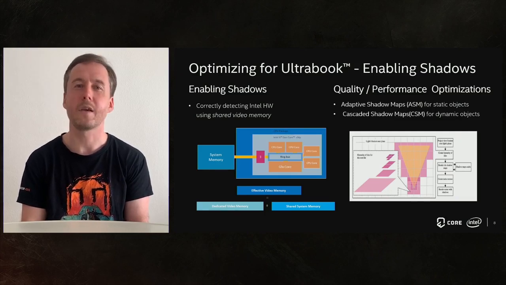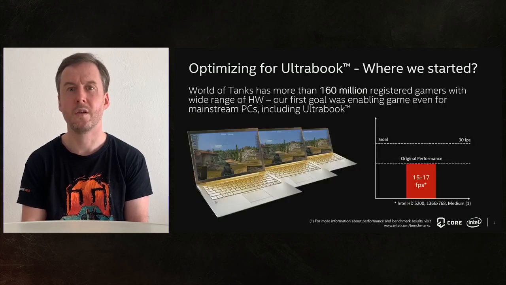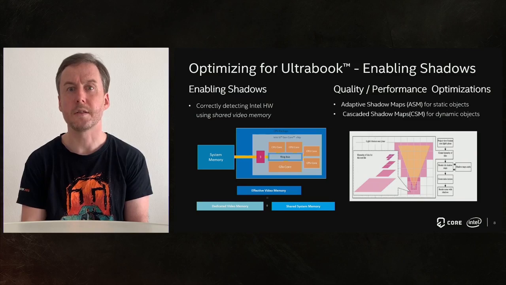And for dynamic objects like tanks, where you need to update the shadow map every frame, cascaded shadow maps were used. All those optimizations gave a good performance boost and also delivered good quality.